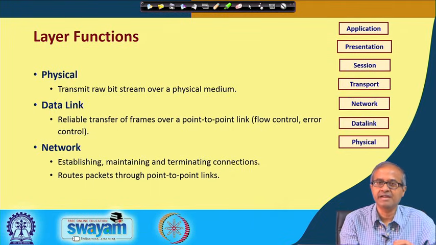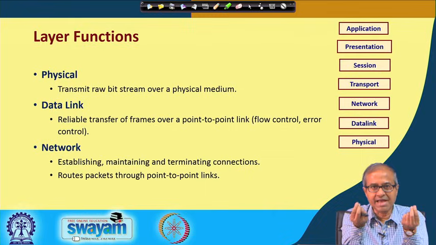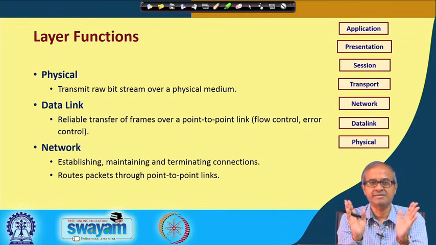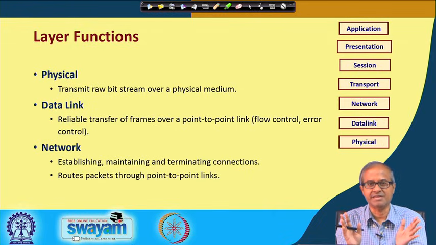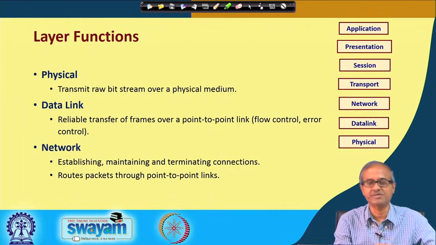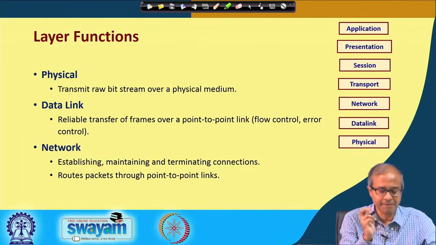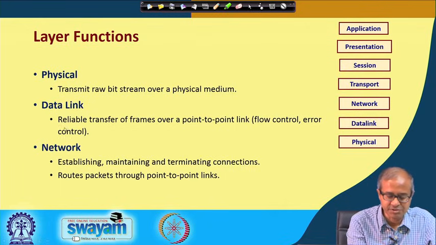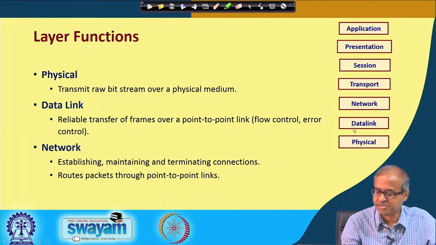The data link layer ensures that the link is reliable to some extent. It tries to detect some errors in communication. If some error takes place, it will try to retransmit that data again. The data link layer is responsible for reliable transfer of data.